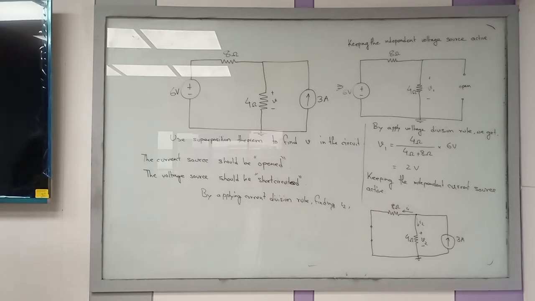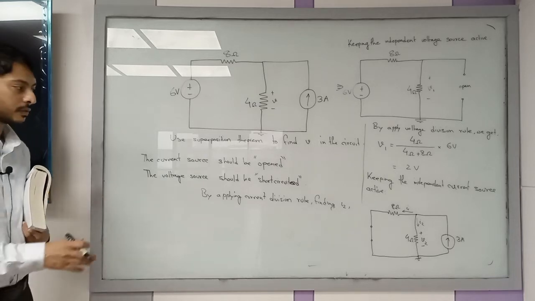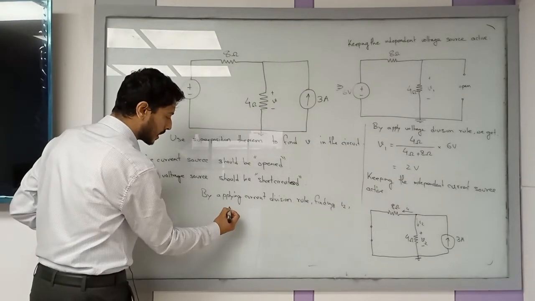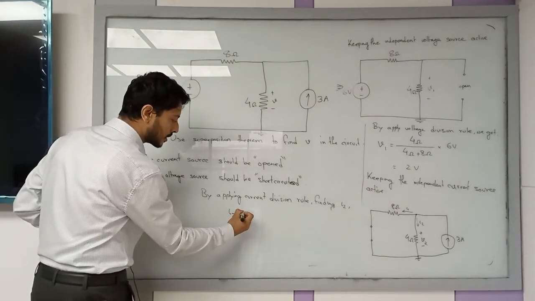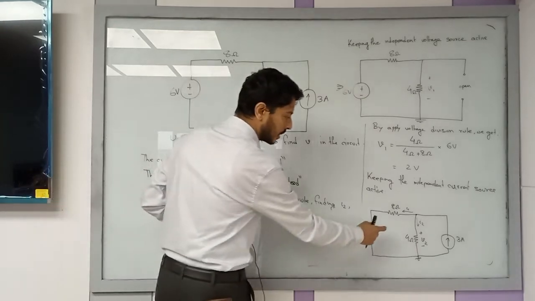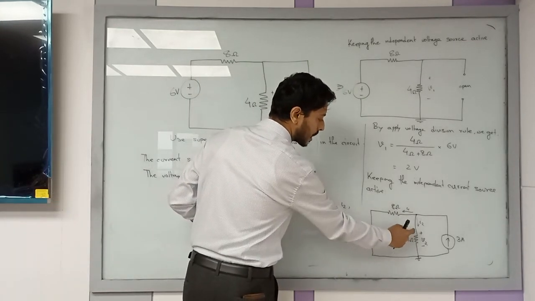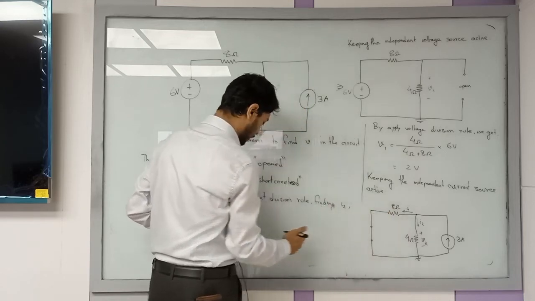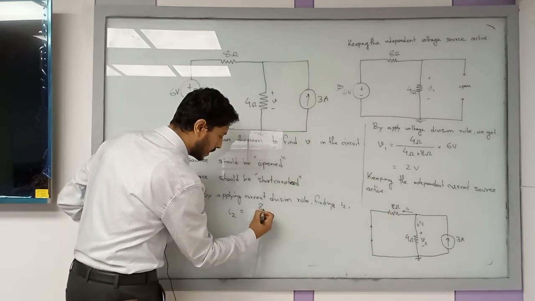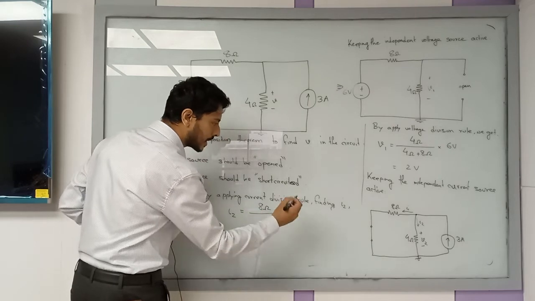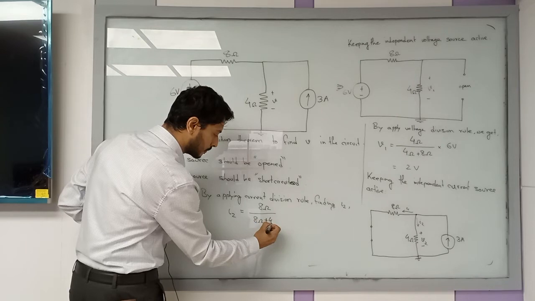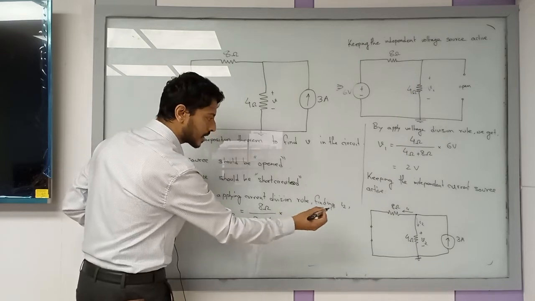Because we know the resistance, 4 ohm. So we have to find the branch current I2. What should be our branch current I2? I2 is equal to, if you are trying to find the branch current over here, you have to consider this resistance on top, so 8 ohm, divided by the total resistance, which is 8 ohm plus 4 ohm, into the supply current.